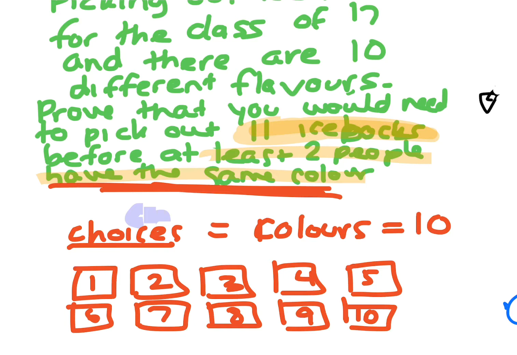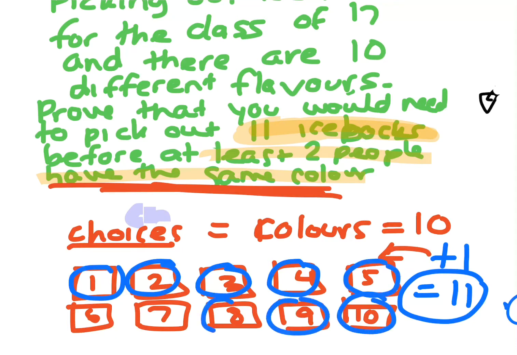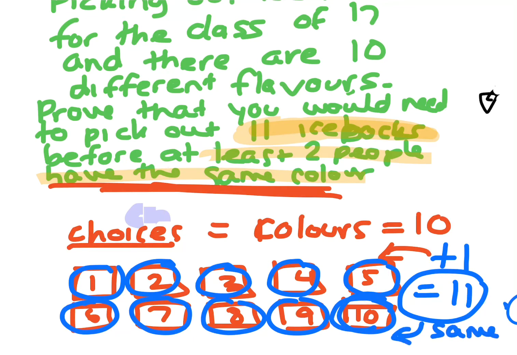I would just need to choose one more, and then someone would have to have the same colour as the other people. So there are 10 choices, and if you do +1, once you choose 11, as long as the first people all have a different colour ice block, so that's 10 ice blocks, then the next person, that would be the 11th person, would have to have one the same as another.